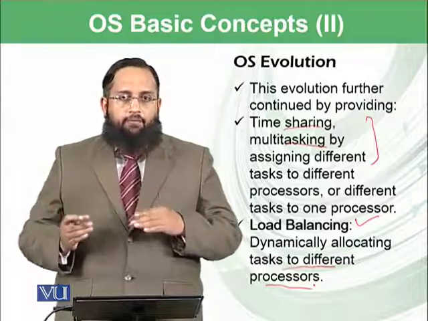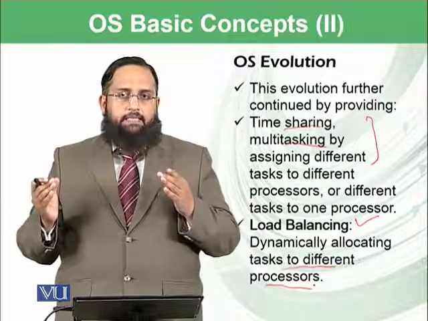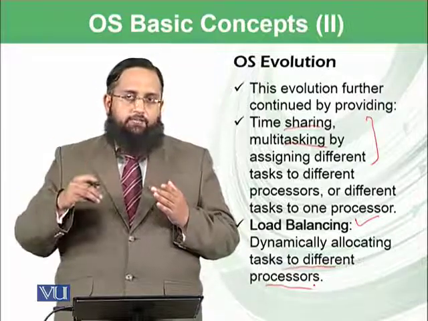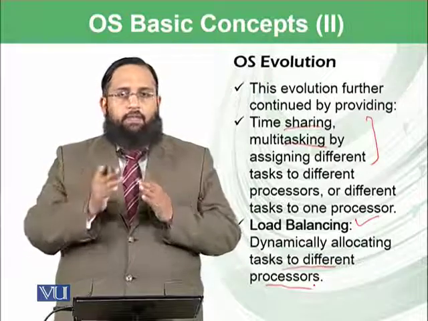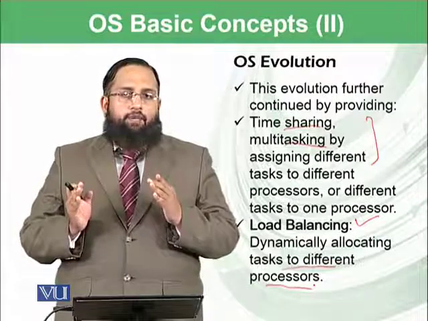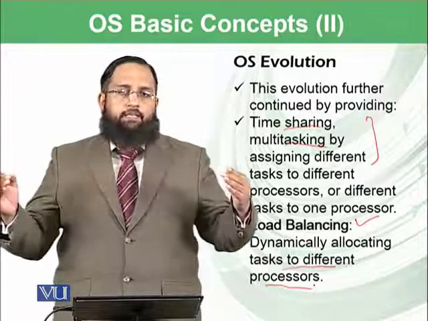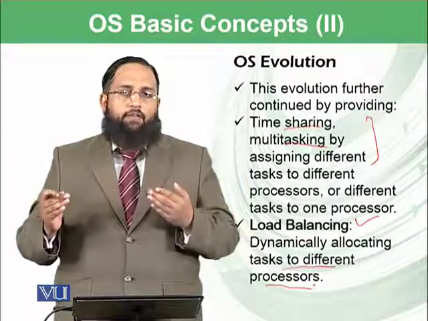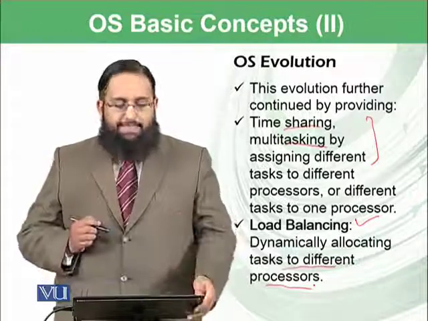Or if all of them are busy and some processors are doing very extensive work, those extensive parts should be divided into small parts and equally distributed to all of the processors in your computer. Such a term is known as load balancing.